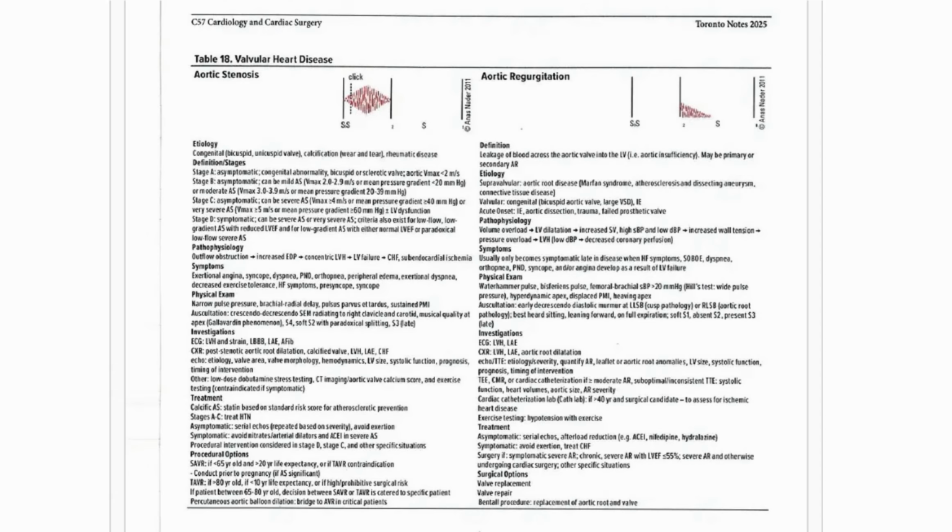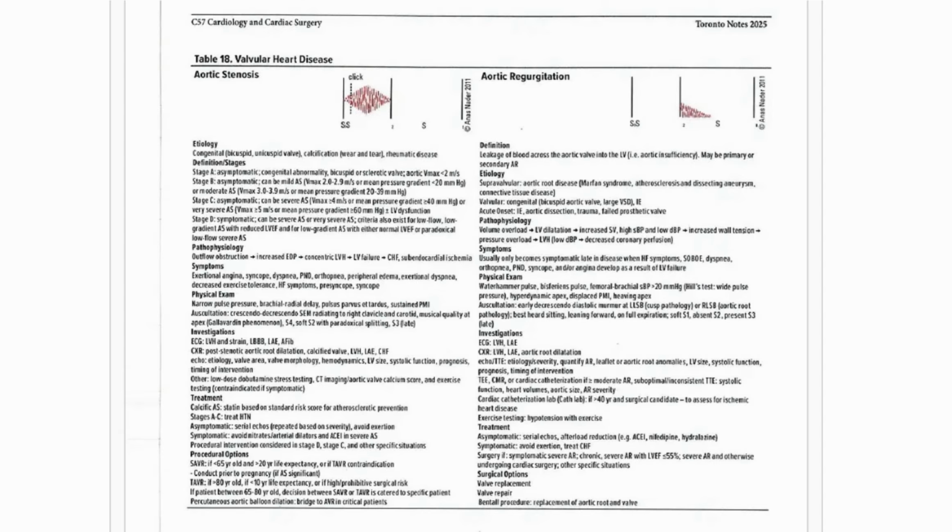To summarize this page, aortic stenosis is a pressure overload lesion producing concentric left ventricular hypertrophy and the classic triad of angina, syncope, and heart failure with a crescendo-decrescendo systolic murmur. Definitive treatment is SAVR or TAVR.